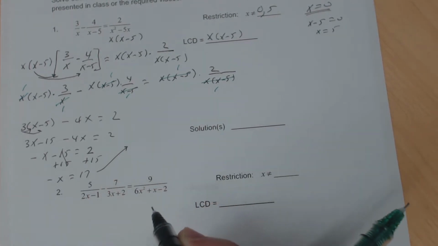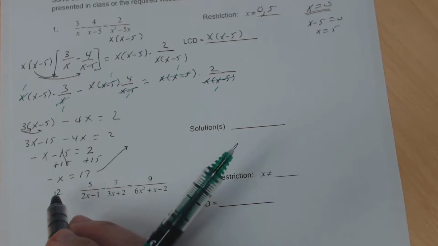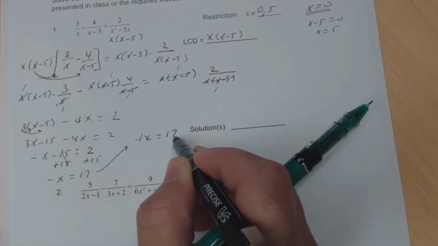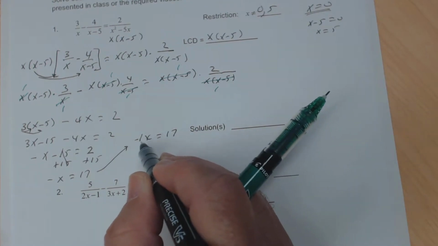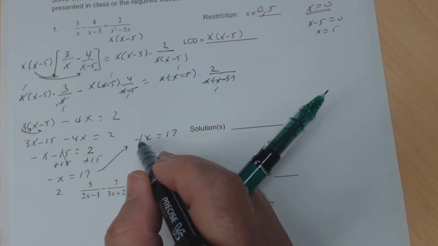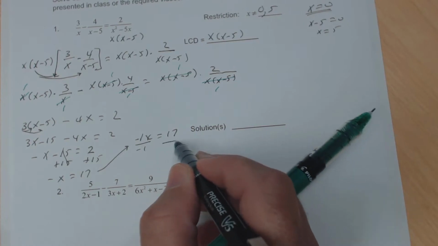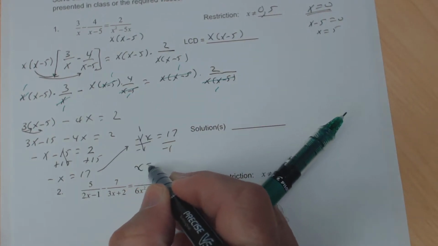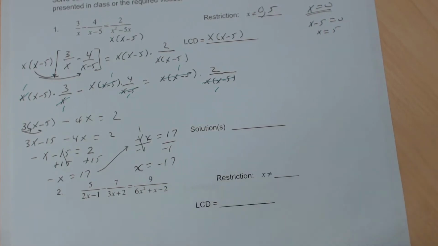Now remember, you're solving for x. This is negative x. So remember that's the same thing as saying negative 1 times x equals 17. So since you're multiplying x by negative 1, you can divide by negative 1. And so negative 1 divided by negative 1 is 1. 1 times x is x, equaling negative 17. So that's your solution.